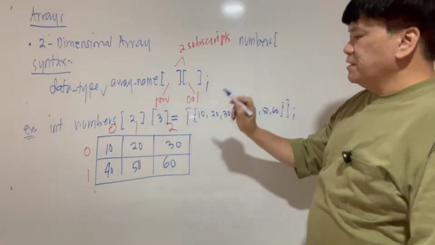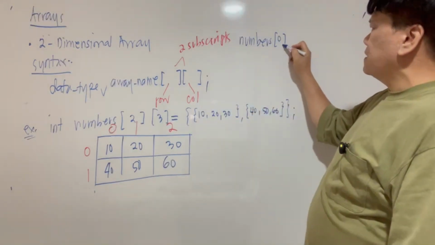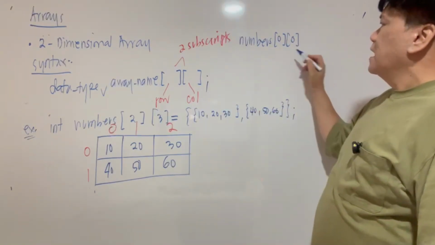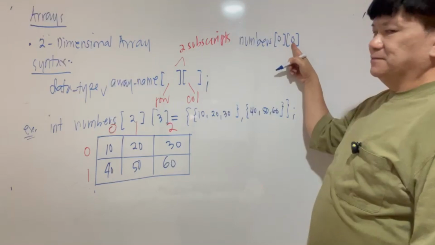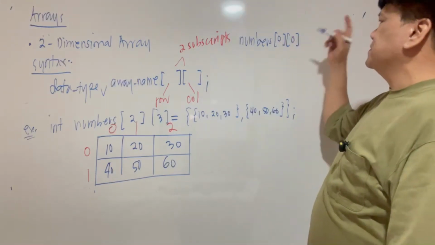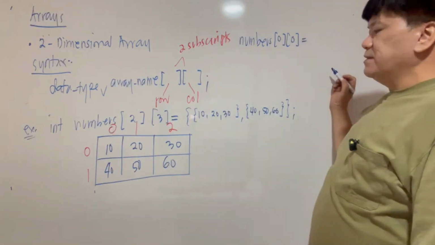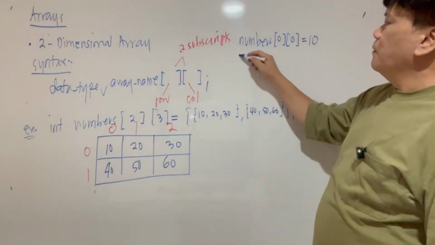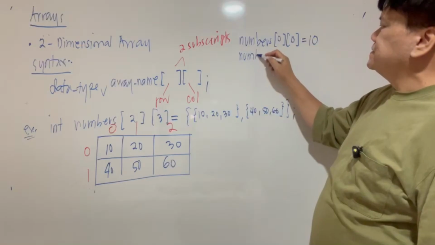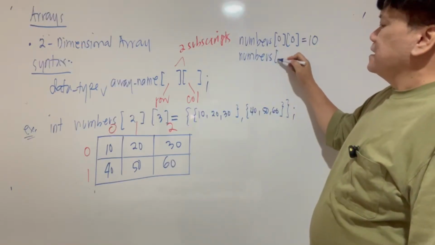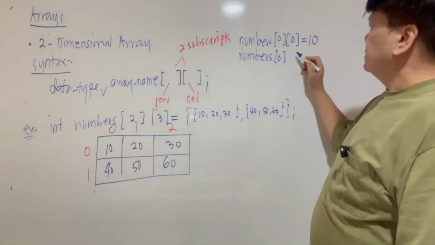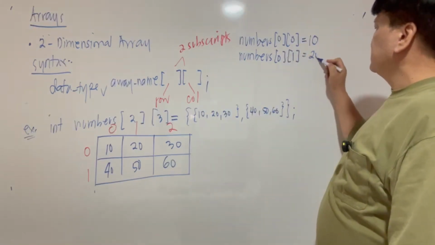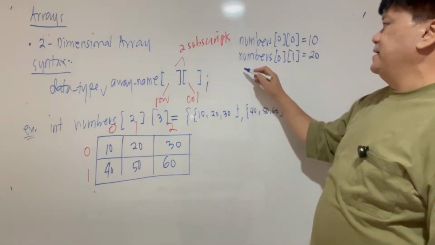Then 0 index for the first row, and 0 for the first column. First row, first column, 0, 0. So you have the element 10. How about numbers 0, 1? Then you have the second column. That will give you the element 20.